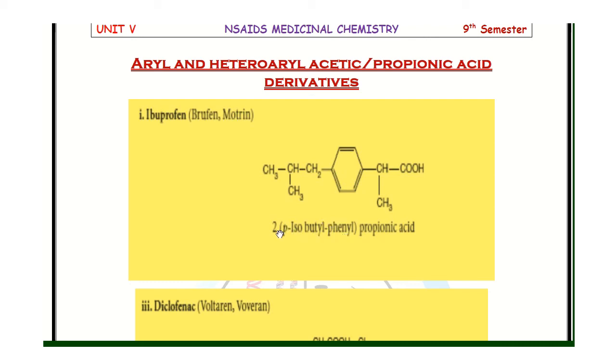So basically it is the 2-para-isobutyl phenyl propionic acid derivative, that is ibuprofen. You may also memorize its name: ibu represents the isobutyl side chain, clear? Para-isobutyl, and profen, that is pro, represents the propionic acid derivative.